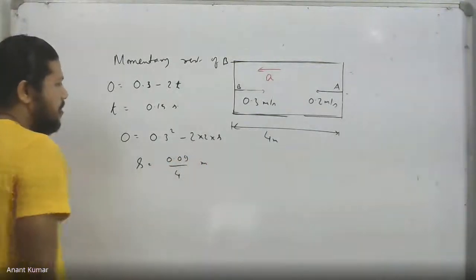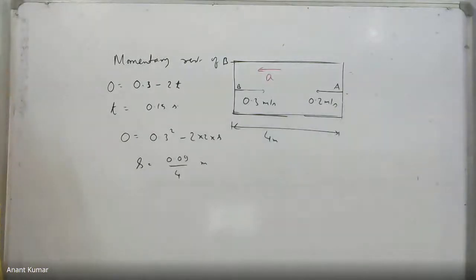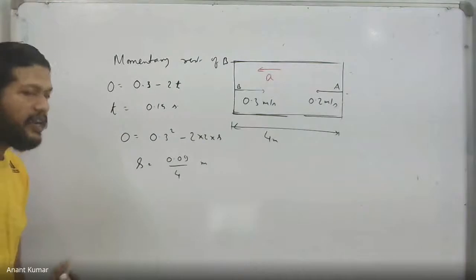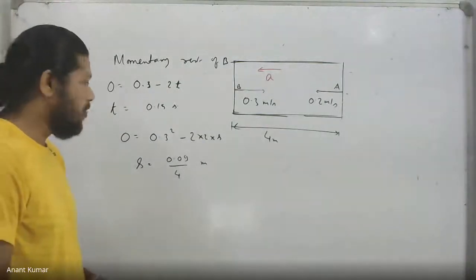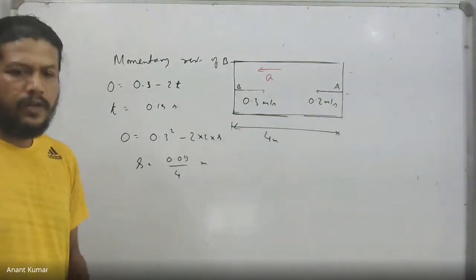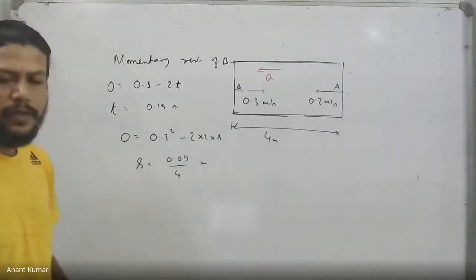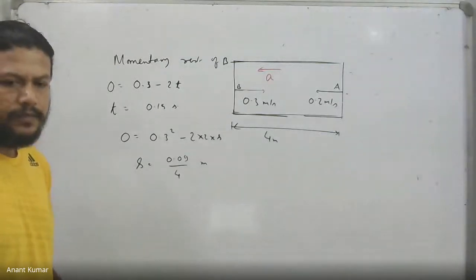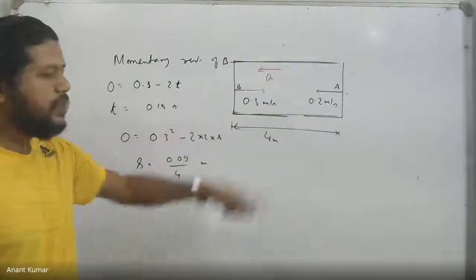It is negligibly small, by the way. Multiplying by 100, I get 9 by 4 centimeters, which is roughly 2.1 centimeters. The acceleration is 2 meter per second square, so that is why.